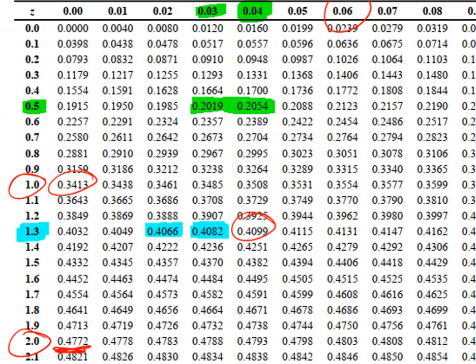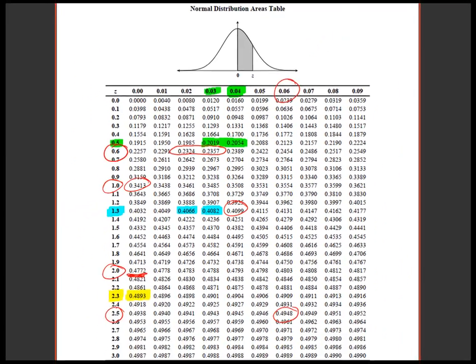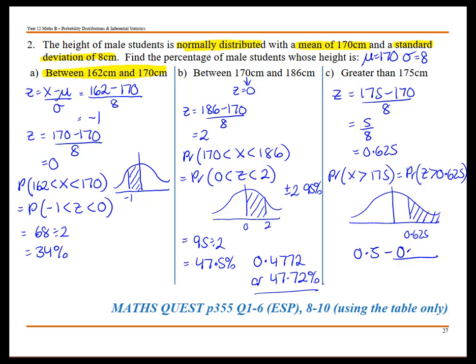So going to my normal distribution table, 0.625 is going to be halfway between the 2 and the 3, which is approximately 0.234. Okay, so we've got 0.5 minus 0.234, and it's approximately 0.266 or 26.6%.